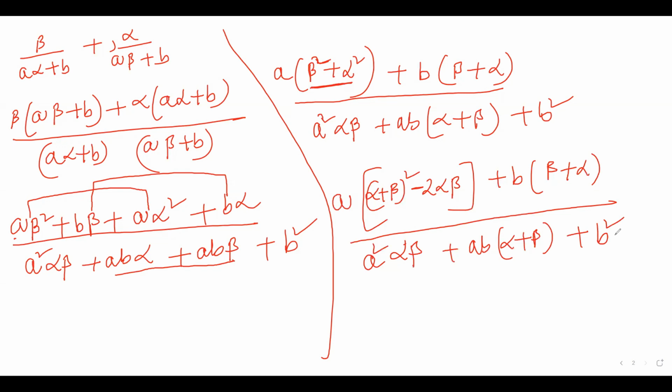At this stage, you have only sum and product, everywhere sum of the zeros and product of the zeros. In the next step, you will be substituting the values and simplify.